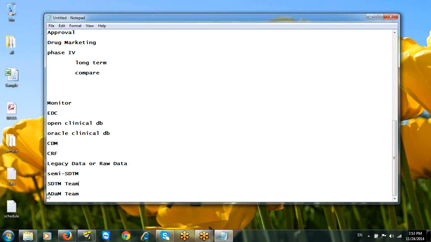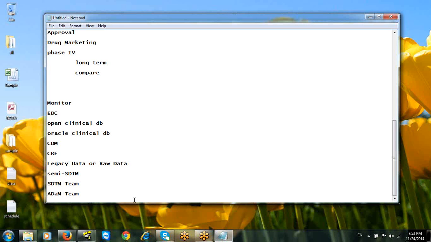More analysis reports are prepared from ADaM, because in ADaM we have more detailed information. In SDTM also we have detailed information, and we standardize it, but in ADaM we have even more detailed information.